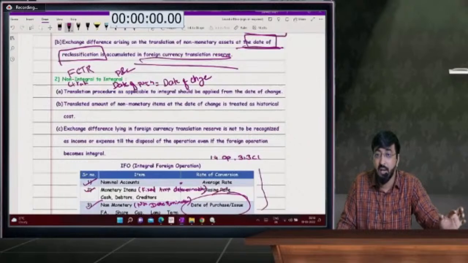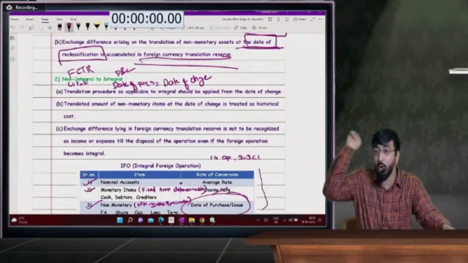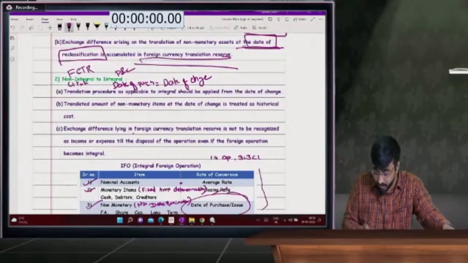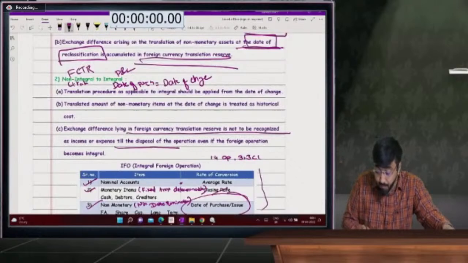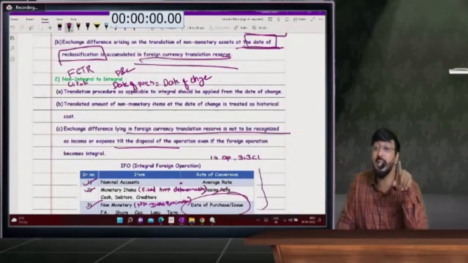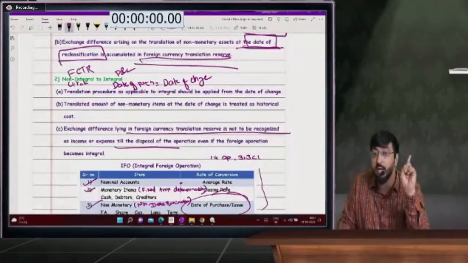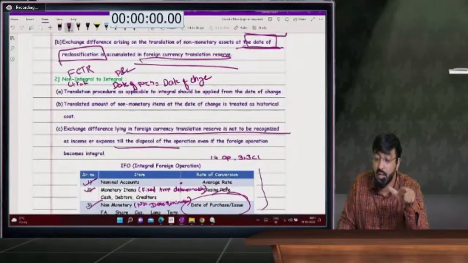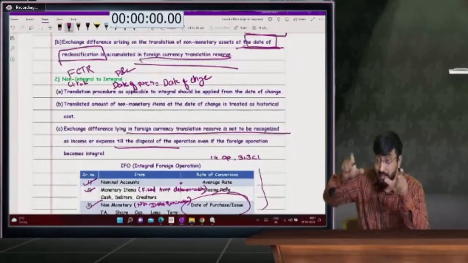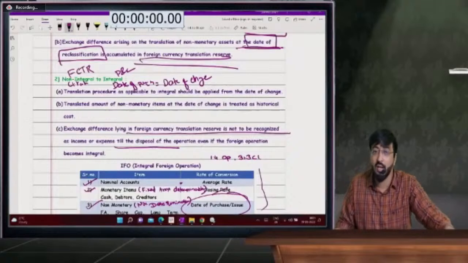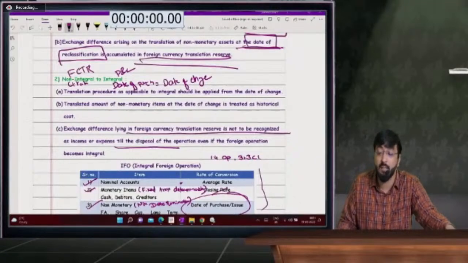That FCTR balance will be carried forward till the date of liquidation. So for that operation, FCTR is not to be recognized as income or expenses till disposal. So you won't show that FCTR balance as income. That will be continued till the date of disposal. Until your firm closes, the FCTR balance that was there will continue forward. So what will you call it? FCTR balance. Remember this.